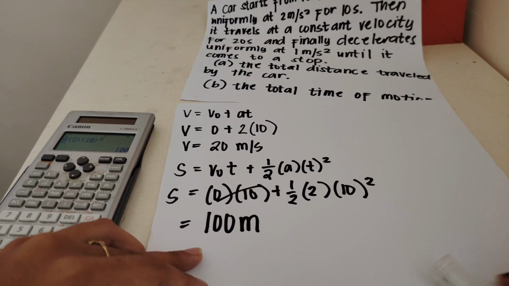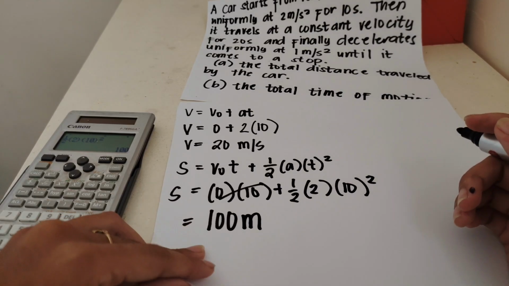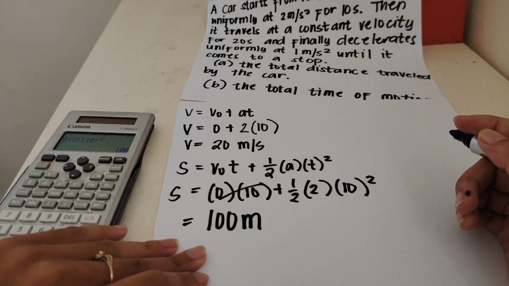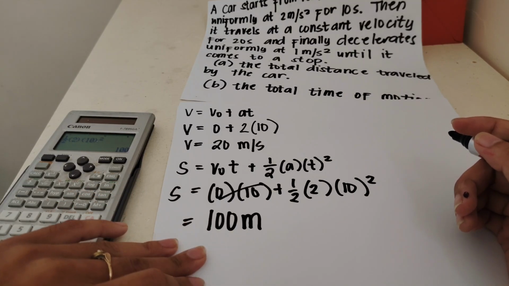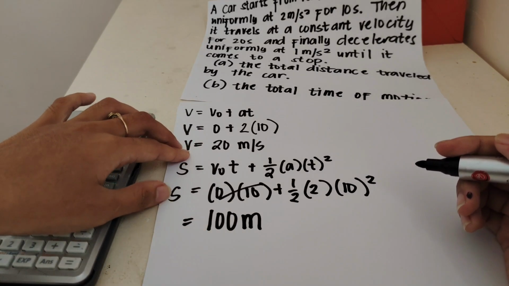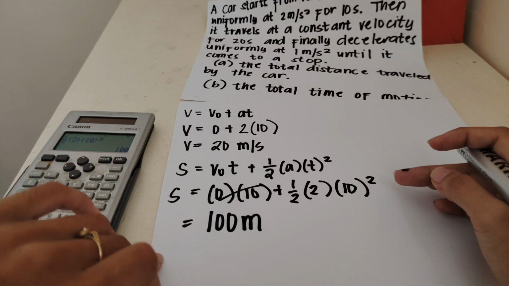So next we have phase 2, which is, as we said earlier, the constant velocity. The velocity during this phase is 20 meter per second, and the time is 20 seconds.